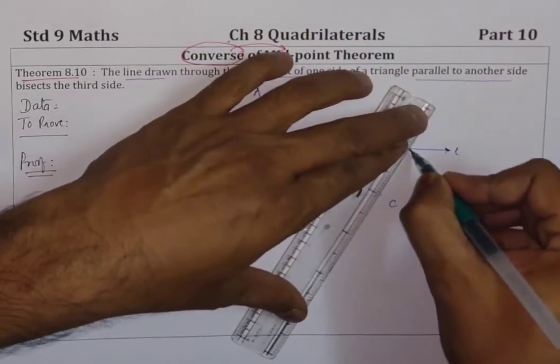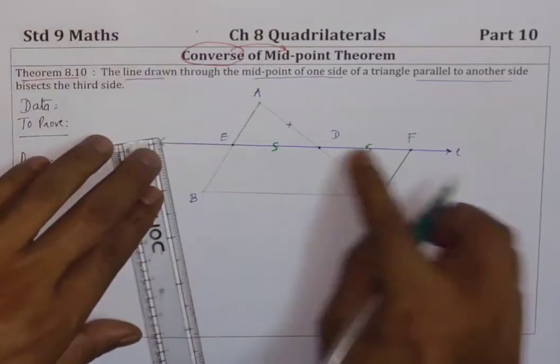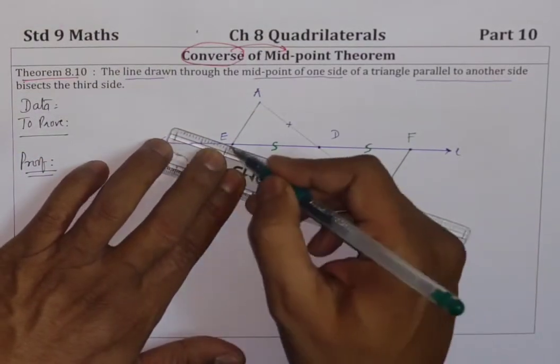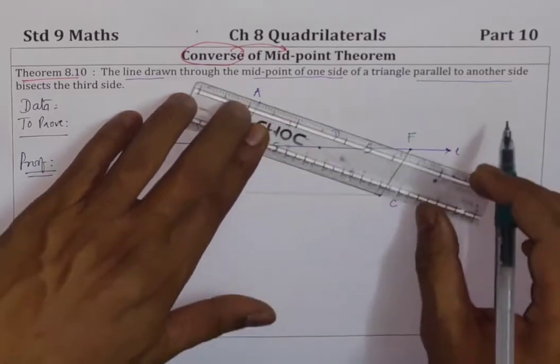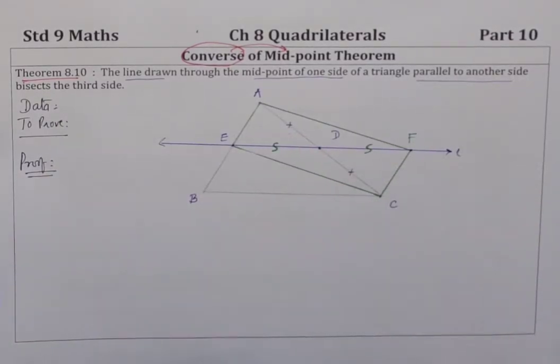So if you complete the quadrilateral whose diagonals are EF and AC, then this quadrilateral is a parallelogram, by theorem 8.2, diagonals bisect each other.